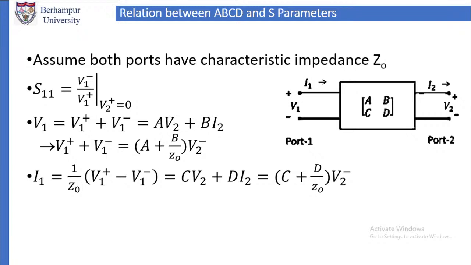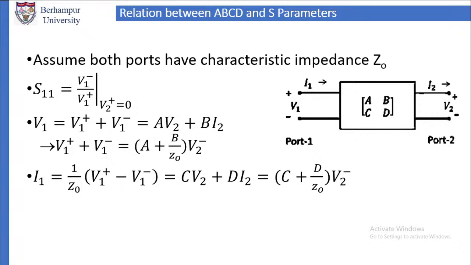Then I1 is equal to 1 by Z0 into (V1 plus minus V1 minus). That you can write as CV2 plus DI2, from the ABCD parameter definition: V1 is equal to AV2 plus BI2, I1 is equal to CV2 plus DI2.